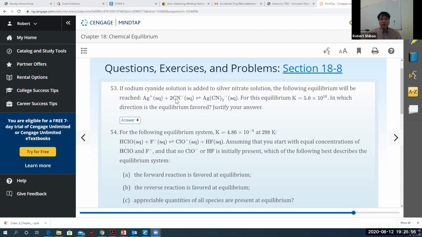But cyanide loves silver ions, it loves gold ions, loves those things. So in a lot of mining, they use cyanide to extract the precious metals like silver and gold. Cyanide pollution, cyanide contamination has been a problem.